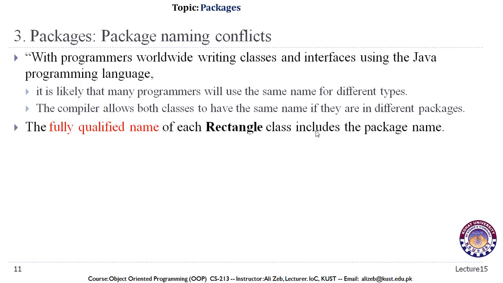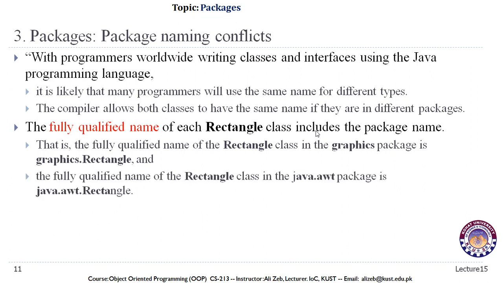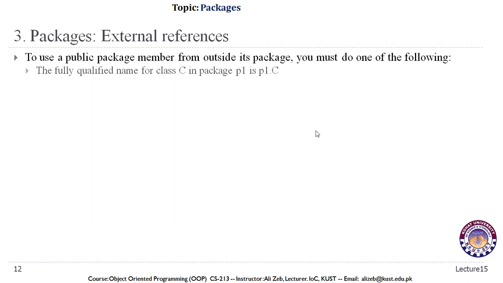The fully qualified name of each Rectangle class includes the package name. So if we want to use the complete name of a class, that will be identified by its package. That is, the fully qualified name of the Rectangle class in the graphics package is graphics.Rectangle, and the fully qualified name of the Rectangle class in the java.awt package is java.awt.Rectangle. External references: to use a public package member from outside its package, you must do one of the following.